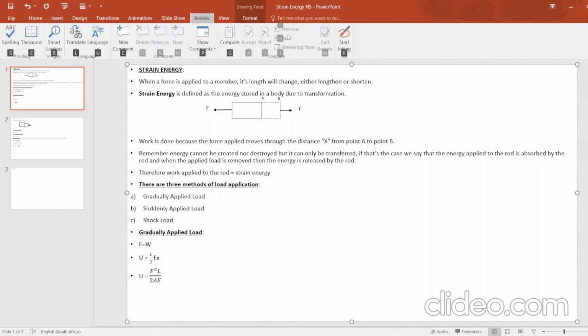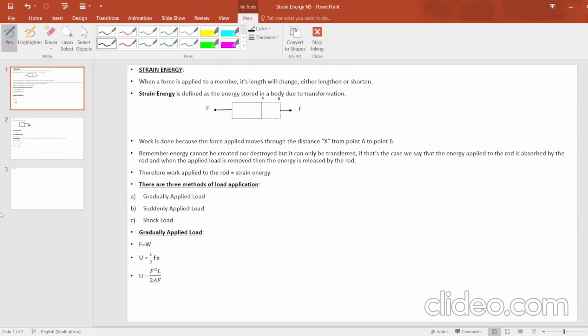Let us look at strain energy. When a force is applied to a member, its length will change, either lengthen or shorten. Now, this is what they mean.